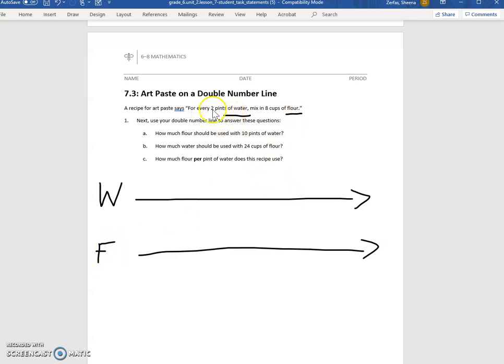Based on this information, 2 and 8 are going to be the values we're going to start by counting by. So we have 2 and 8. And as I'm filling in, I'm just counting up here by 2. So 2, 4, 6, 8.